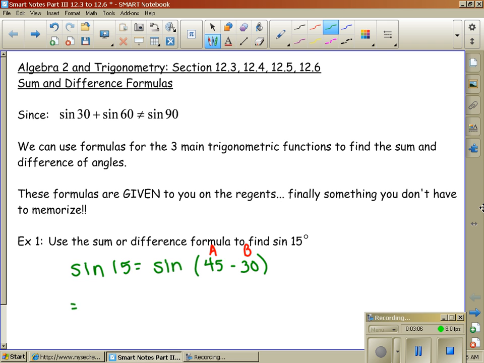Okay, so looking at your reference sheet, the difference, sine A minus B, equals sine A cosine B minus cosine A sine B. This is right off that sheet, so look at your sheet.